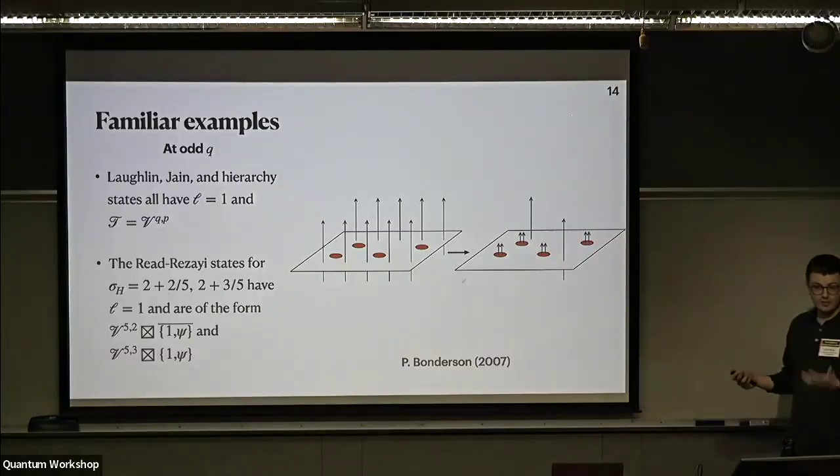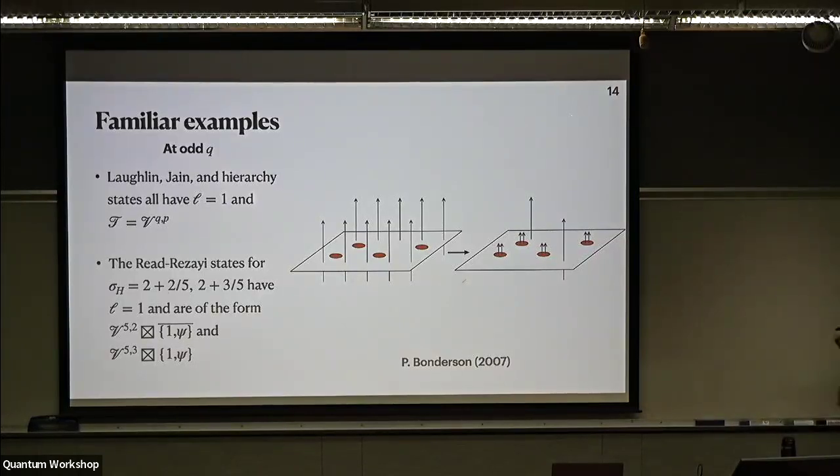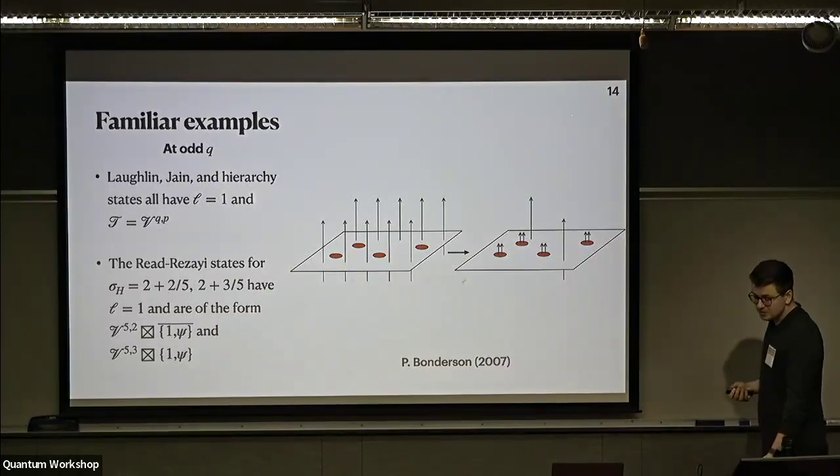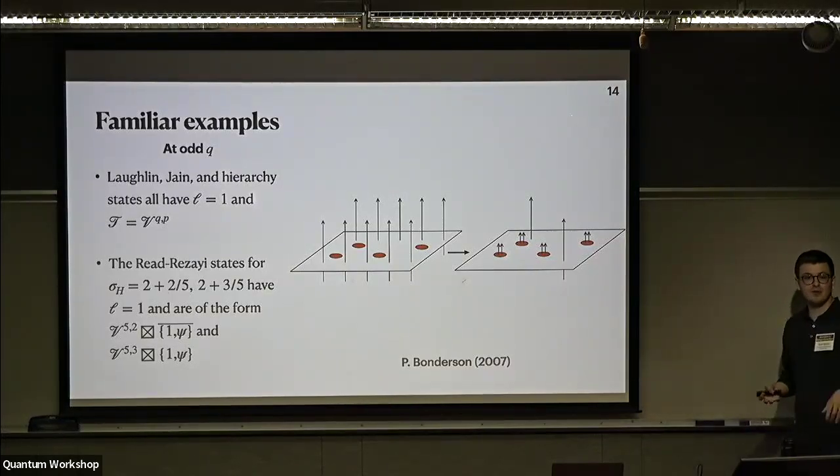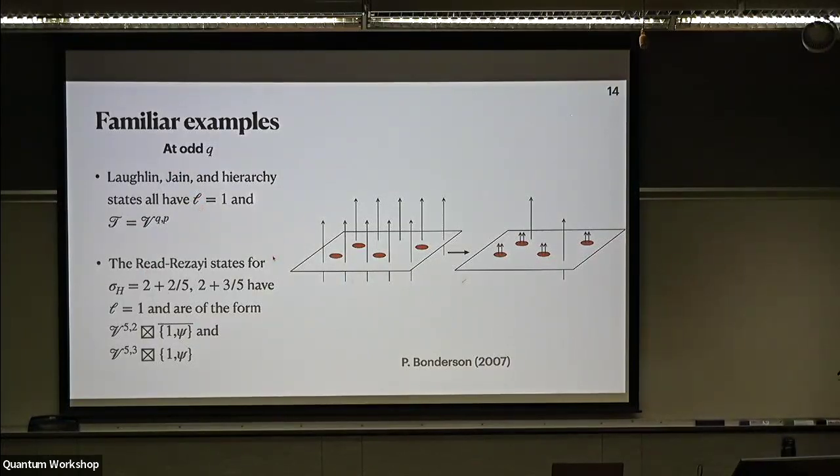So Laughlin 1/3 has 3 anyons, 1/5, 5. Jain 2/5, 5 anyons. The wave functions themselves may look different, prepared in the same sigma h, but they describe the same anyon theory. And they all, the order of the boson is exactly the denominator at odd q.